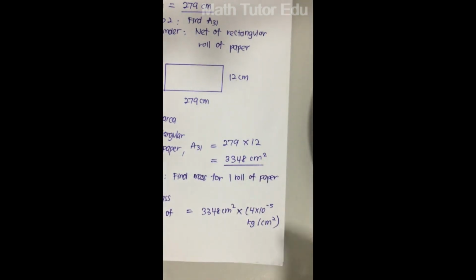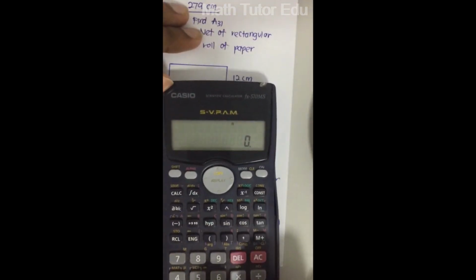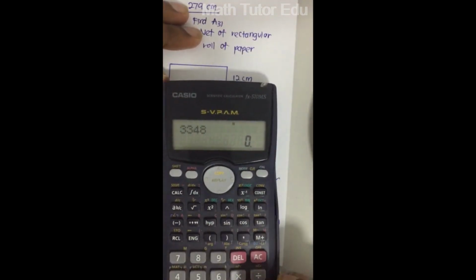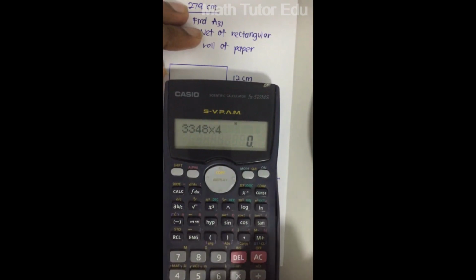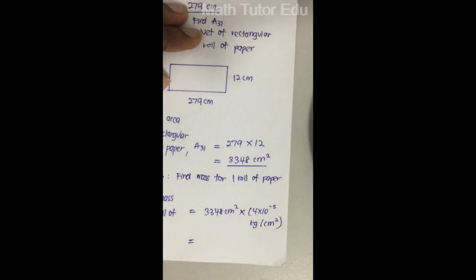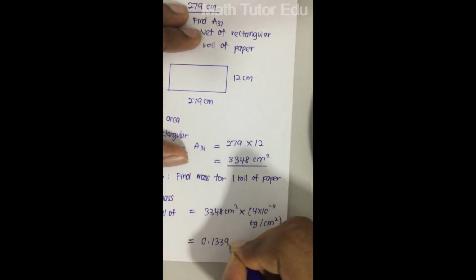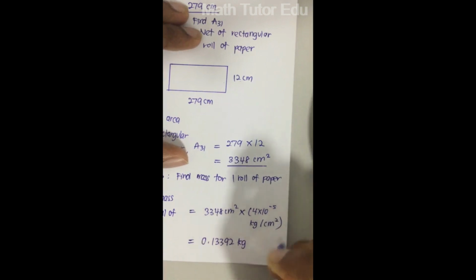So from here you calculate this. Let me take out the calculator. 3348 times 4 times 10 to the power of negative 5. So from here you get 0.13392 kg.